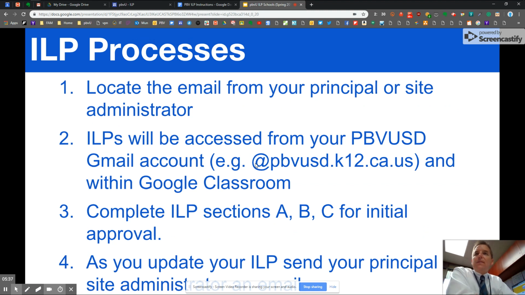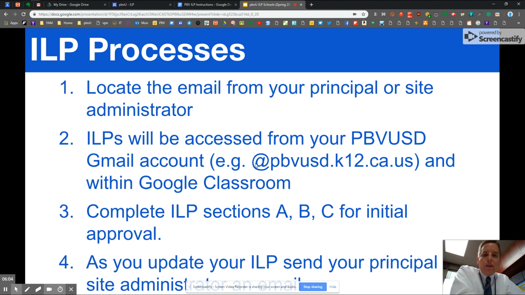So basic processes for you. In late April, you'll receive an email from your principal or site administrator. That email will simply ask you to click a link and open up your Google Classroom. So you will need to, between now and then, make sure you have your Gmail password and your login.